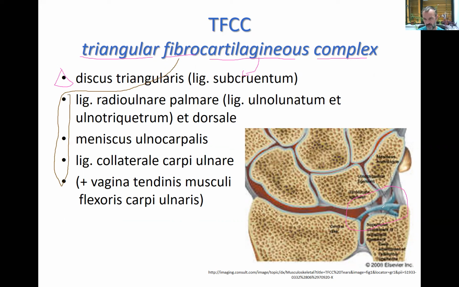So the cartilage is visible, and these ligaments here are the ulnar radiopalmar ligament and the dorsal radioulnar ligament. That means the ligaments which are located here. The collateral ulnar carpal ligament is a thin one, but located still here.